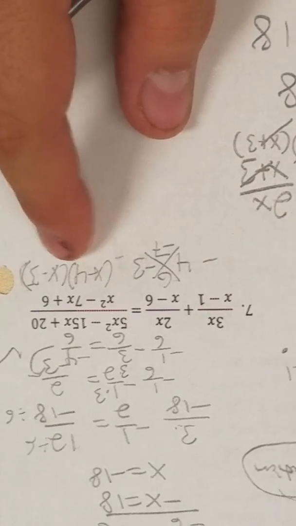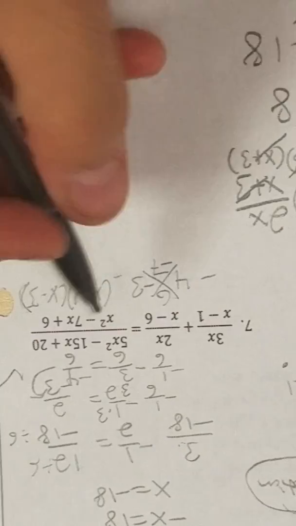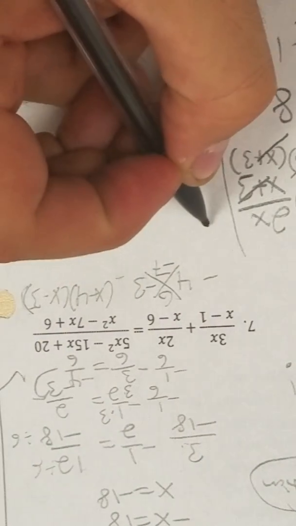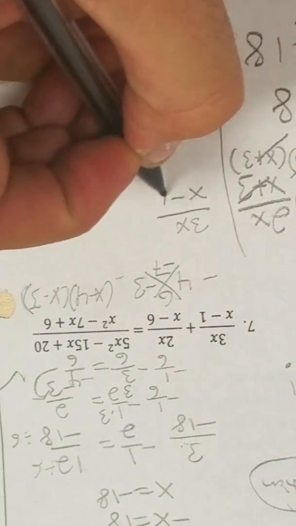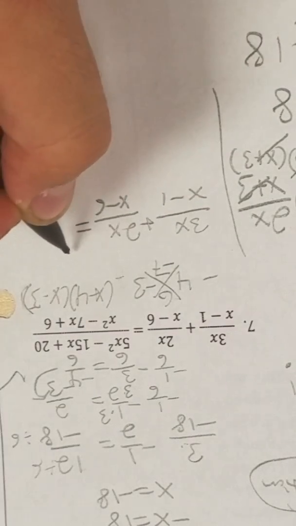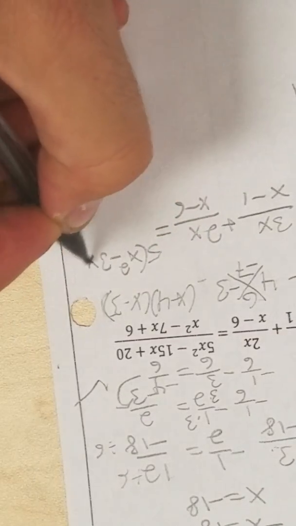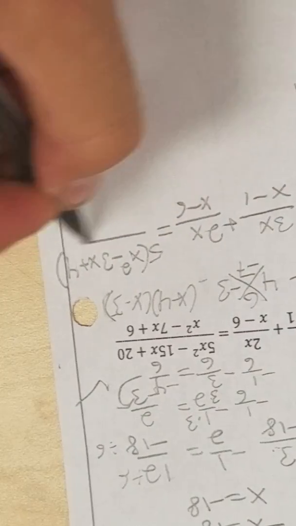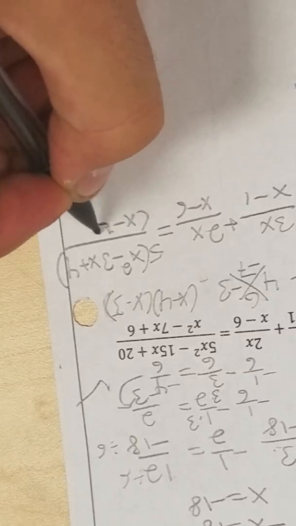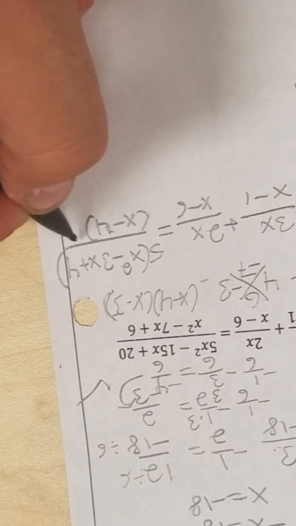All right, x minus 4, x minus 3, and then this one we can pull out a 5. Let me rewrite the equation so it looks nicer. I can pull out a 5. I get x squared minus 3x plus 4, and I can factor this to x minus 4, x minus 3.